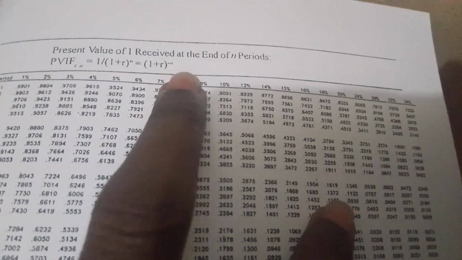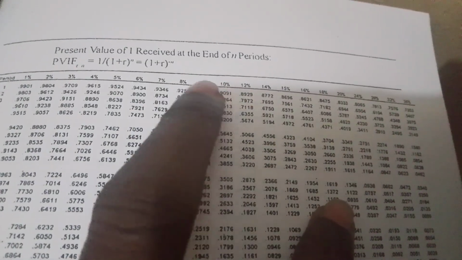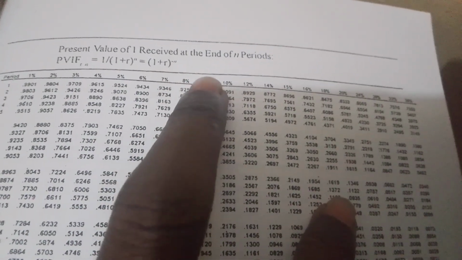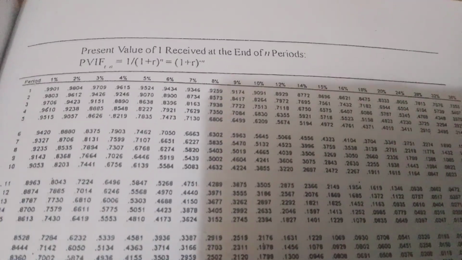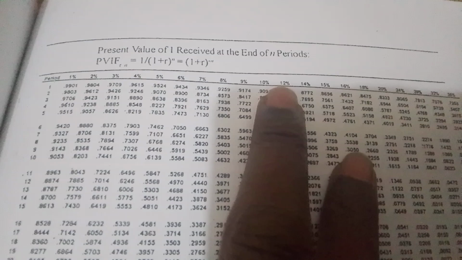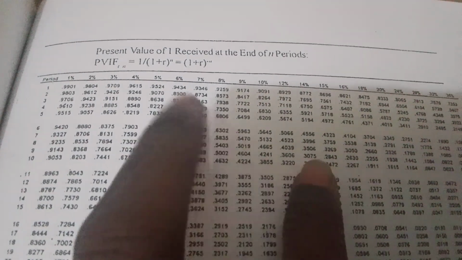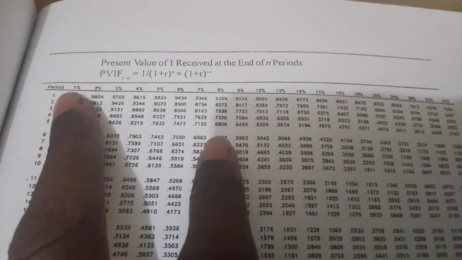So other than taking 1 plus r raised to negative n, if these tables are provided, the third column that we have used in our calculation, you can just read those numbers from there. If it is 12%, you use these numbers. If it is 6%, use these numbers. Sometimes a percentage may not be provided.